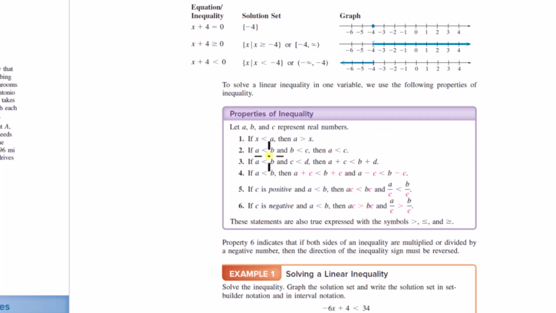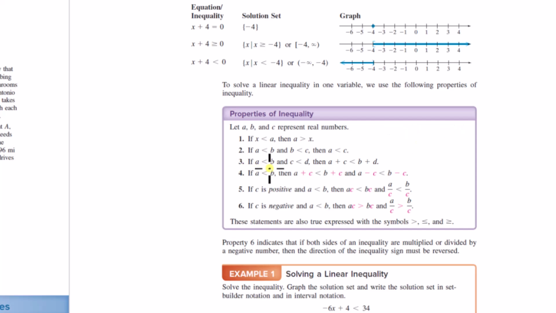Okay, if A is less than B and B is less than C, then A is less than C. All right, so if 5 is less than 9 and 9 is less than 11, then 5 must be less than 11, right? Because if 5 is less than 9, then 5 is less than anything that 9 is less than, including 11, 10, 12, whatever.